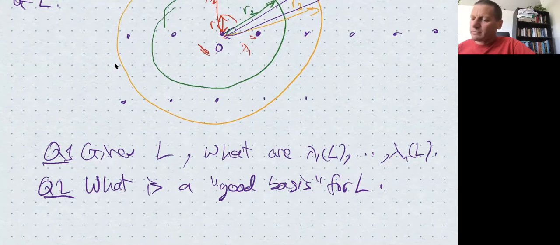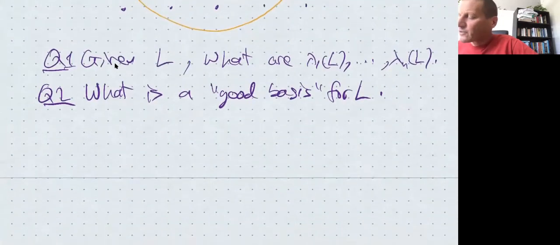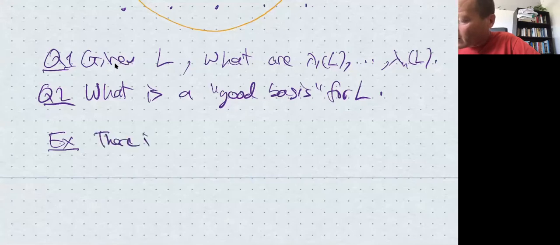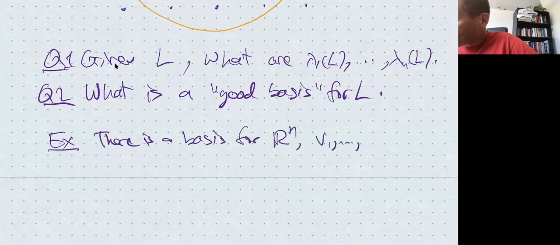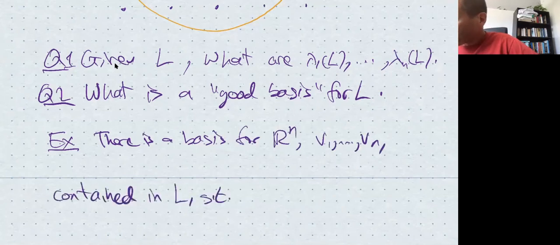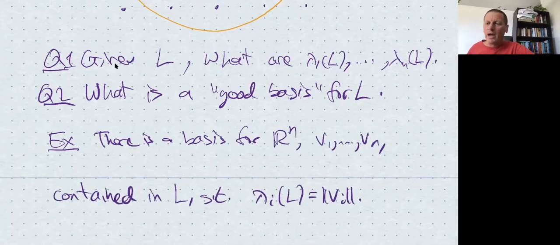So let me show you an example that's somewhat confusing when you see it at first. There is an exercise, which you're going to do in your exercise sheet: there is a sequence of vectors, a basis for Rn, contained in L, such that the norm of v_i is lambda_i.